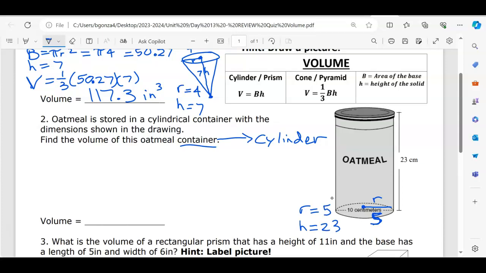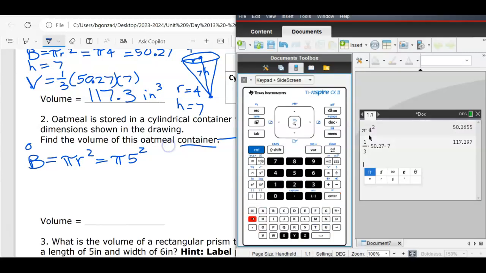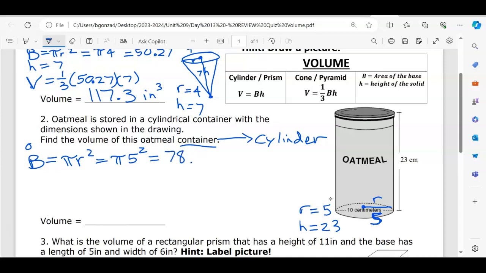And what are we going to do? Use a cylinder. So first I need to find the base area of a circle, which again is pi r squared. So pi 5 squared, because that's the radius. And we get 78.539, which is 78.54. Cool. And then I need to know the height, which we already figured out was 23.